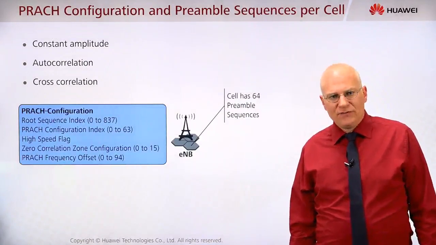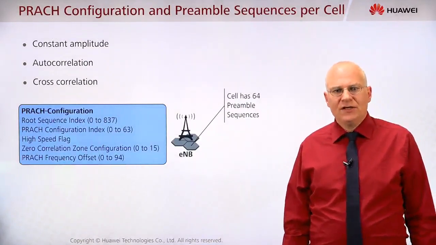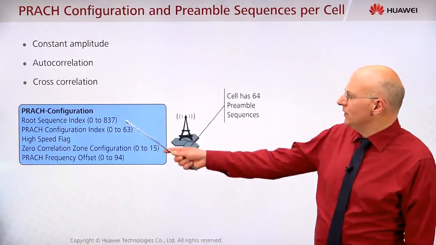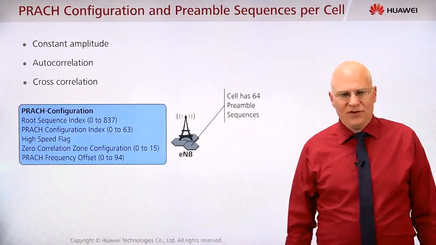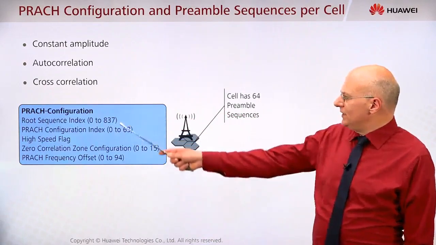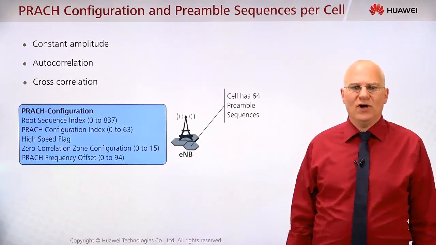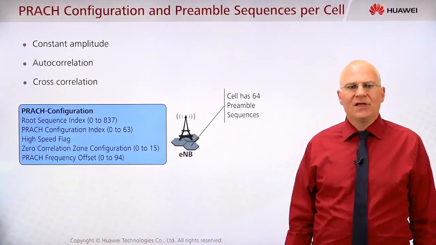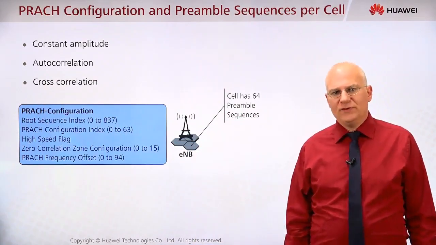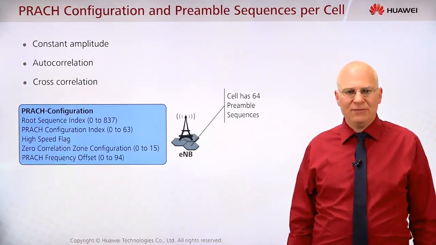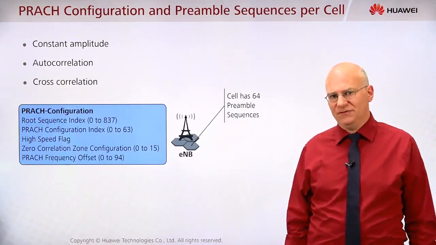The configuration of the physical random access channel is transmitted in the system information type 1, including the root sequence index, which is running from 0 to 839. And from the root sequence index, the user equipment derives the preambles which can be used in this specific cell.